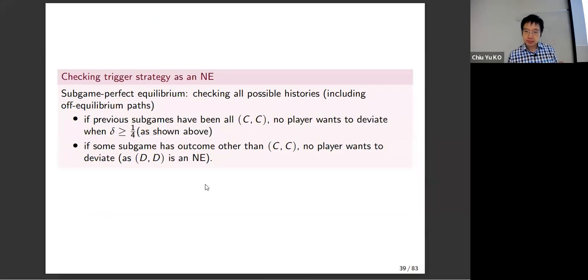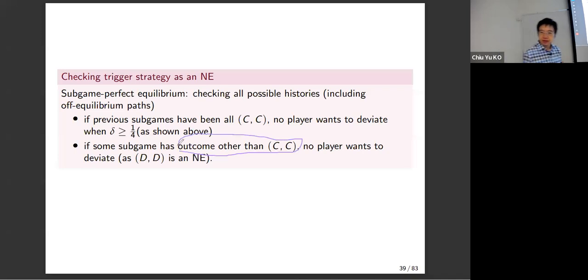And subgame perfect has to be a little bit tricky, okay? Subgame perfect means what? We have to check every possible history, not just along the equilibrium path. You check if someone has deviated, right? The history is not even that, right?